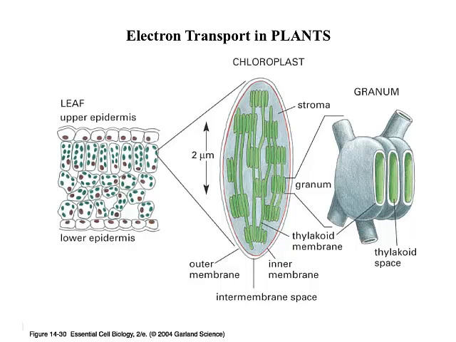Also inside the thylakoid space, not in the thylakoid membrane, but in the space, which is why these are colored green, are the chlorophyll pigments. And those are what help to capture the light energy to begin the light-dependent reactions of photosynthesis.